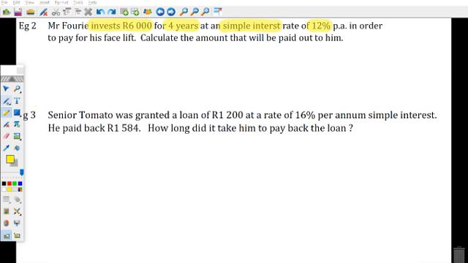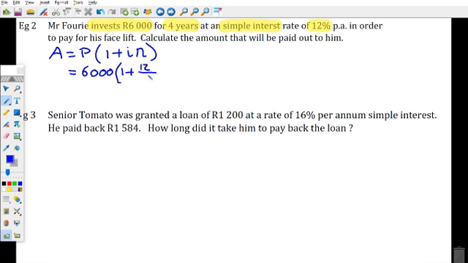So I'm going to say A is equal to P times 1 plus interest rate multiplied by N. So we have that he invests 6,000 rand, 1 plus, and his rate was 12 over 100 multiplied by 4 because it was 4 years.